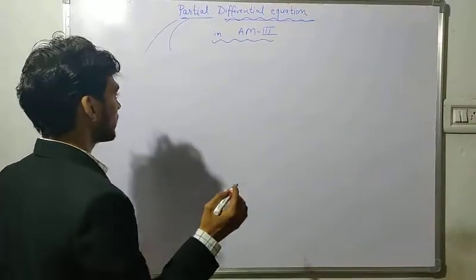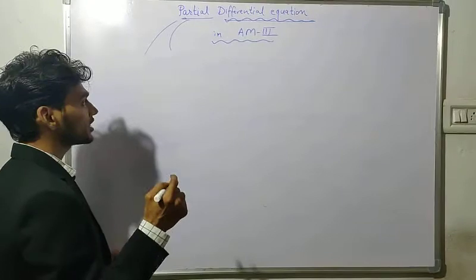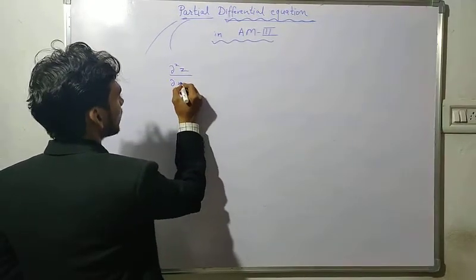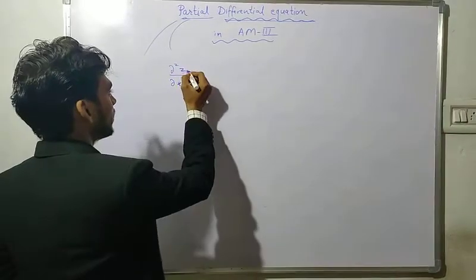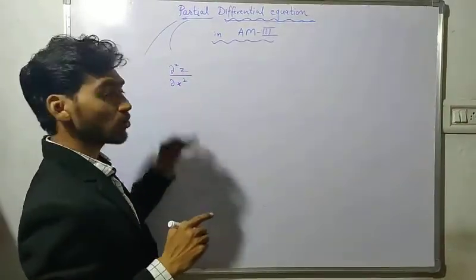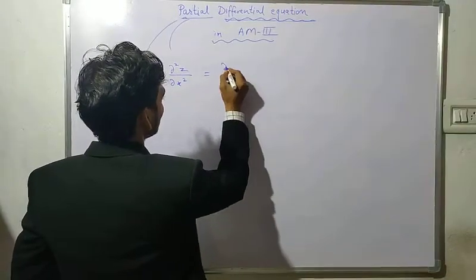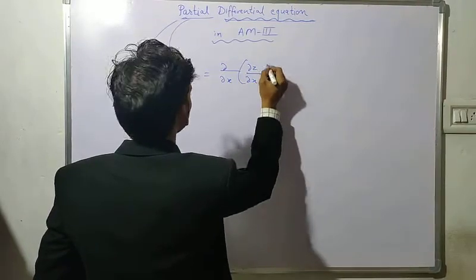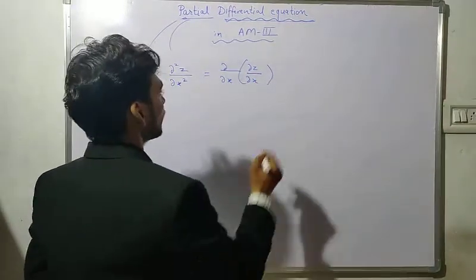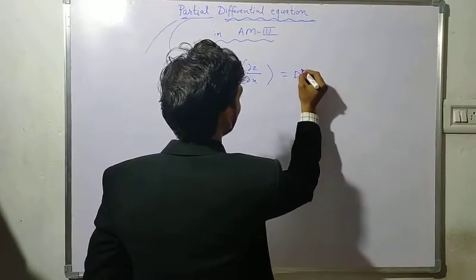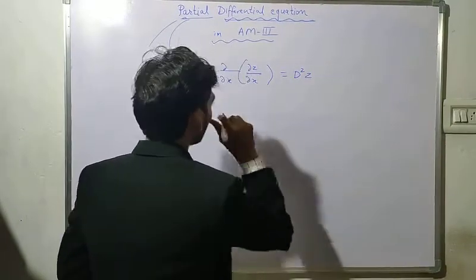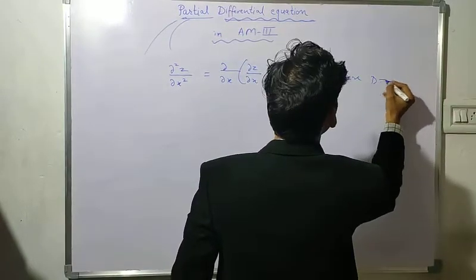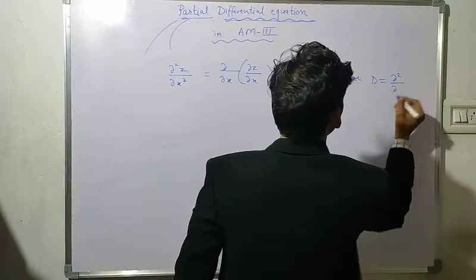Before constructing the partial differential equation, there are some simple symbols and notations. For example, del 2 z by del x square is the partial derivative of z with respect to x, but twice, so it can be considered as del by del x of del z by del x, which is also denoted by D square z, where D stands for del by del x.